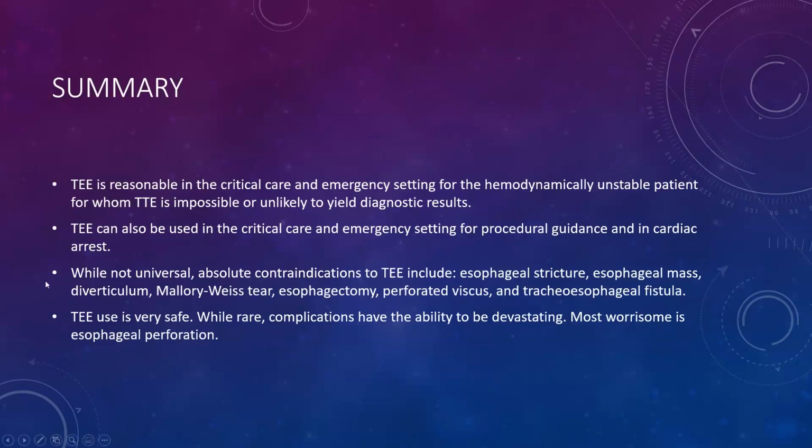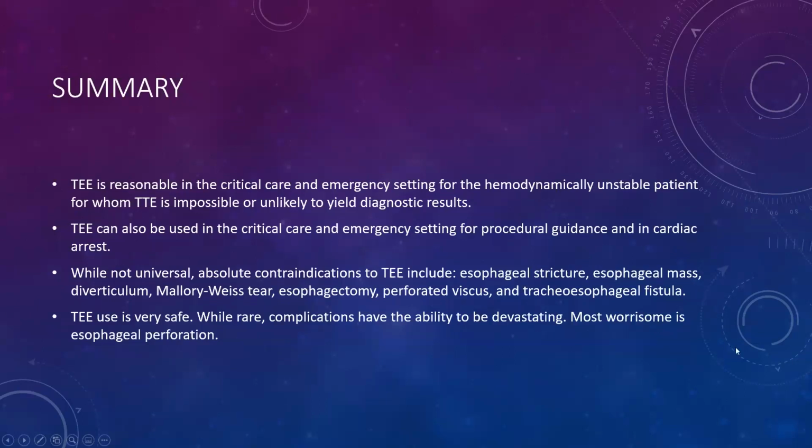Okay. While not universal, there's a list of absolute and relative contraindications. I would say most people would say these absolute contraindications are going to be strictures, masses, diverticula, perforations, Mallory-Weiss tears, esophagectomy, and TE fistulas.